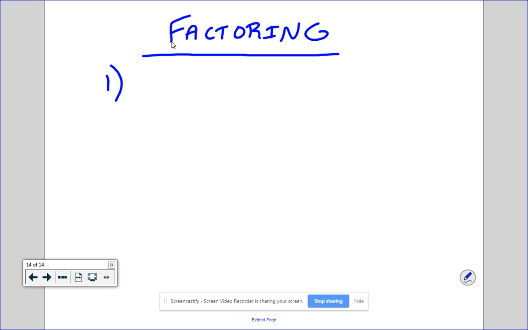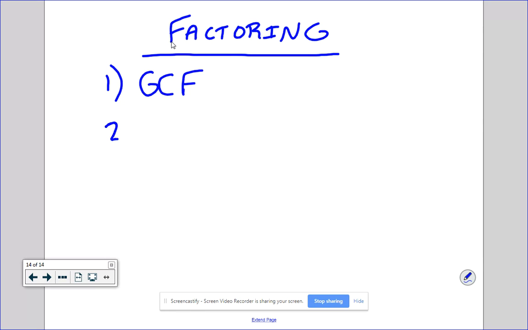The first way we're going to talk about is factoring by GCF, greatest common factor. It's the easiest way to factor. Hopefully we remember how to do that.